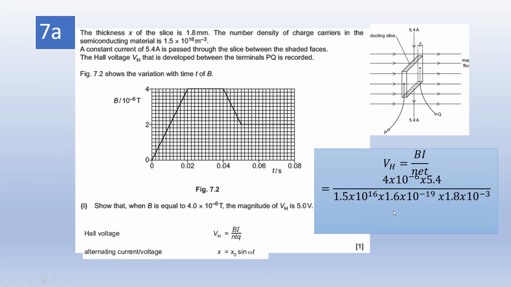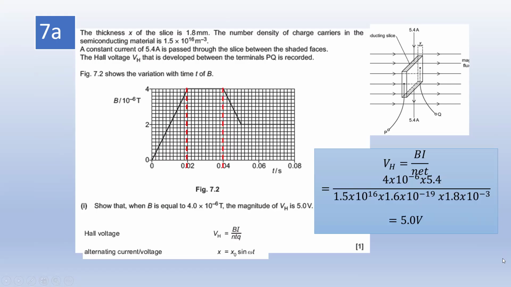Sorry, that's your 5.4. Current 5.4. N, that's your N. Then it's the electron, so it's the charge of an electron. Then t, thickness, change it to meter. Calculate out 5.0 volt.